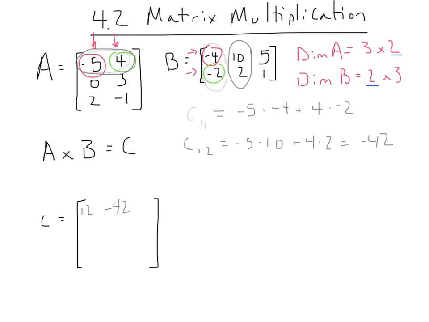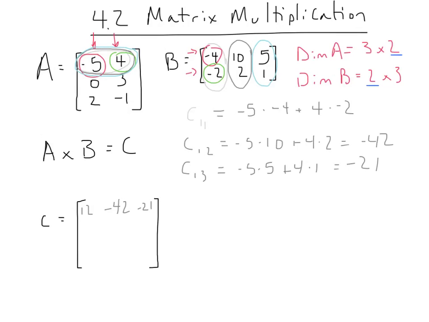Now to calculate C13, we'll take the first row in matrix A times the third column in matrix B. So C13 is equal to negative 5 times 5 plus 4 times 1, which is negative 25 plus 4, or negative 21.